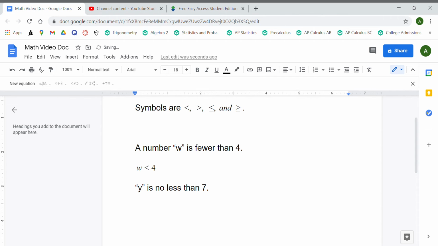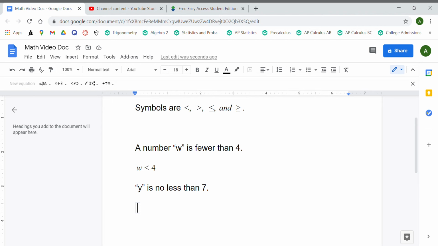Take a quick second to write this out. Okay, you ready to go now? So, no less than 7. It doesn't say greater than, it just says no less. It can be 7, and if it didn't say 7, it would have said greater than or more than.